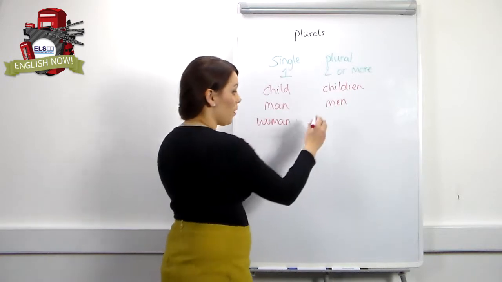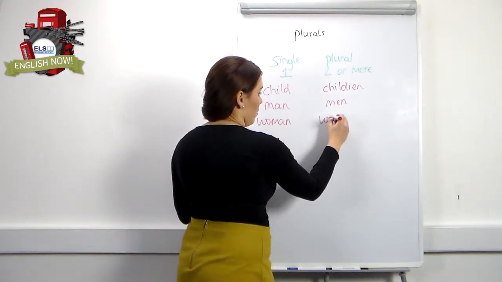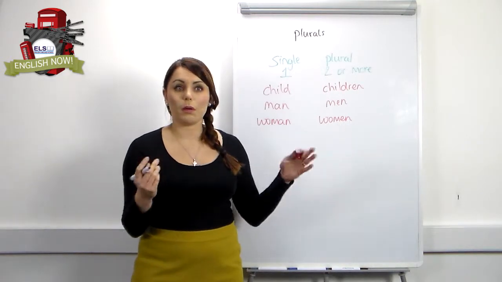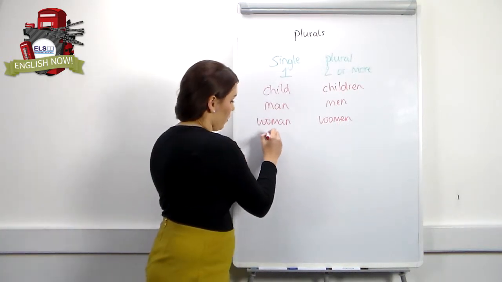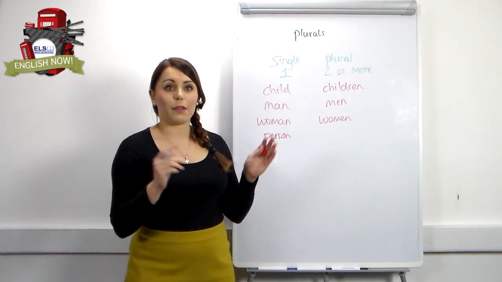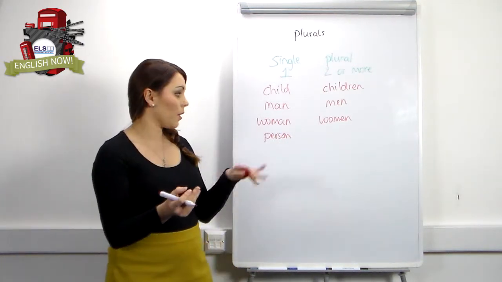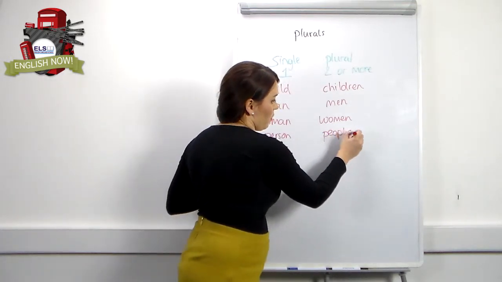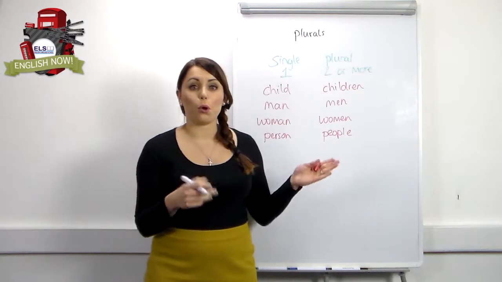The same for woman. One woman, two women. This is an example where the word changes completely. One person changes to two or more people.